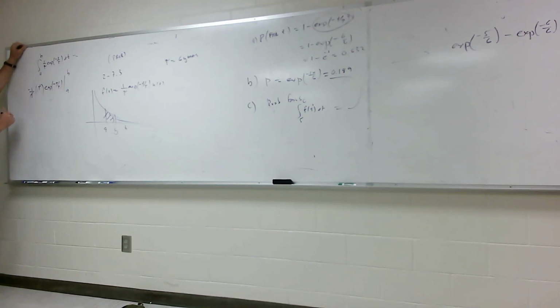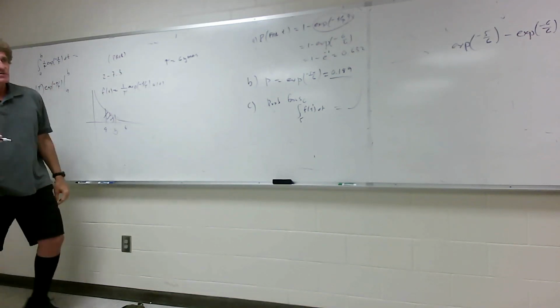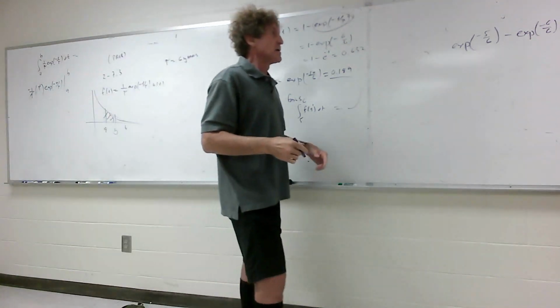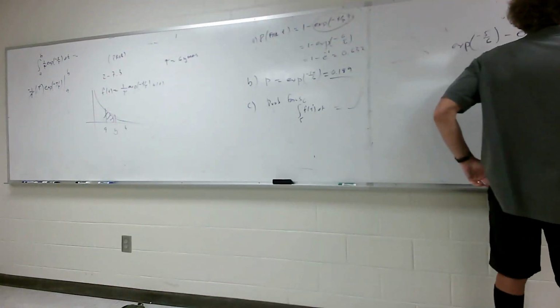These two cancel, and you get e to the minus a over tau, since a is less than b, minus e to the minus b over tau. What do you get for that? 0.1267.